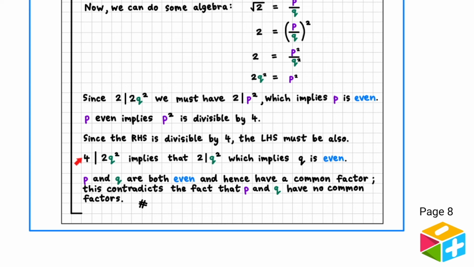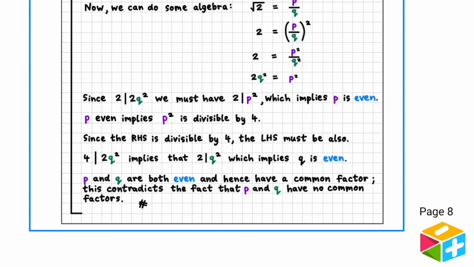Eliminating a factor of 2 tells us that 2 must divide q squared. And this implies that q is even. This is using a similar argument to above. If q was odd, then q squared would be odd, and we wouldn't have 2 dividing q squared.